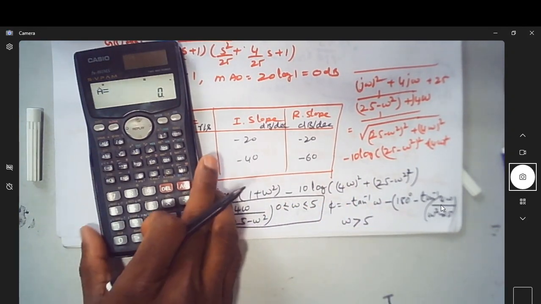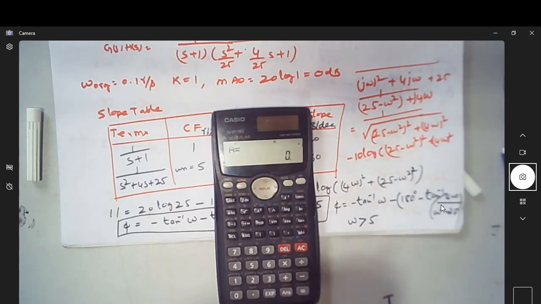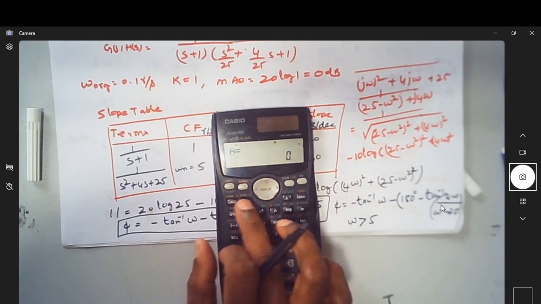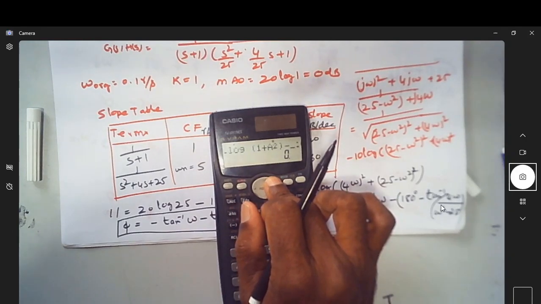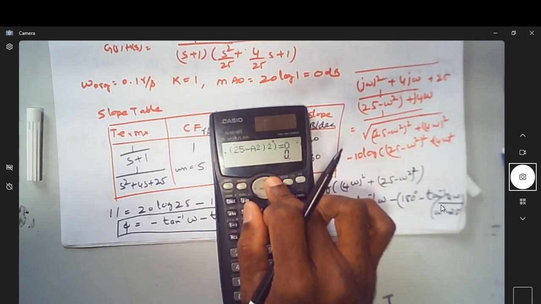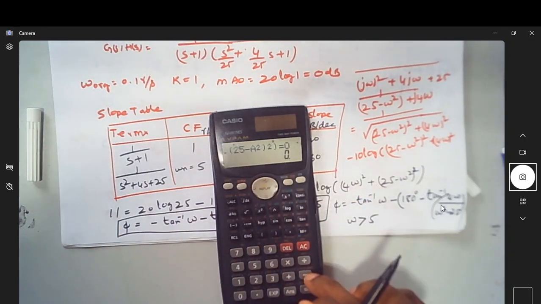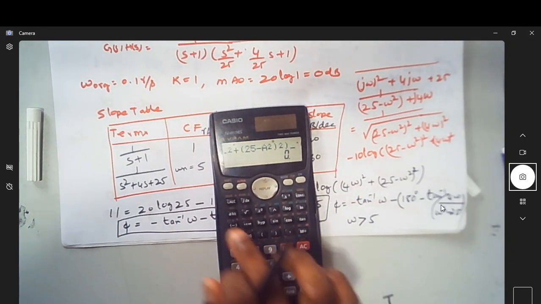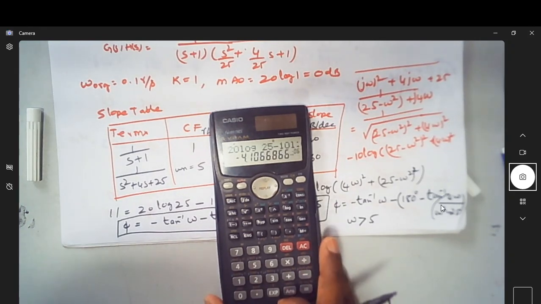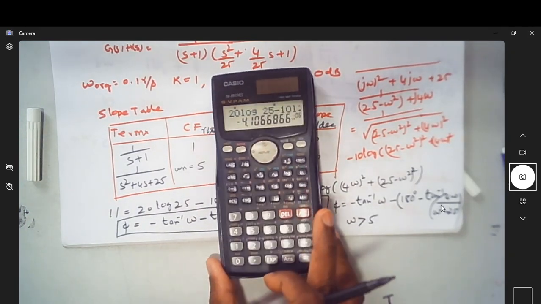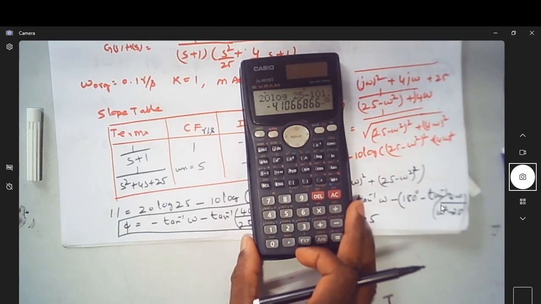Okay, now this is coming out to be 0. Let me just check. So okay, let us clarify ourselves. Calculate for 0.001. Can you see it started here itself?